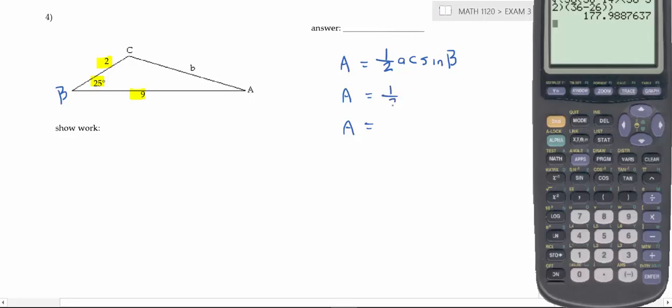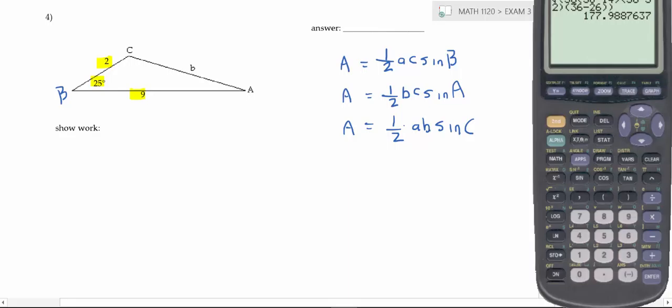If you know side A, then in the side-angle-side case you would have a B and a C, and then sine A. So see, you always have the other 2 sides. It's actually pretty easy to remember. And then the other one would be sine of C. If you have C, the other 2 sides are just going to be A and B. So you have that formula like that.